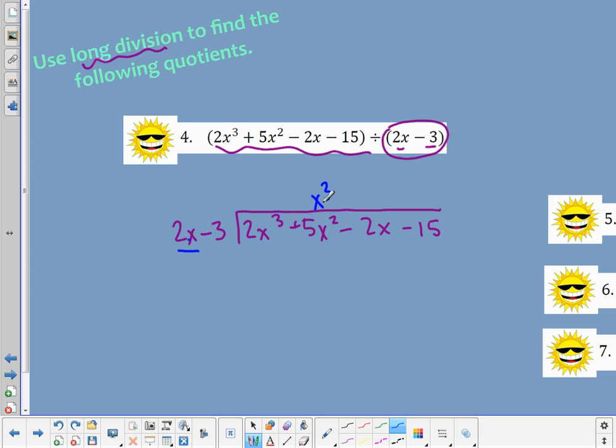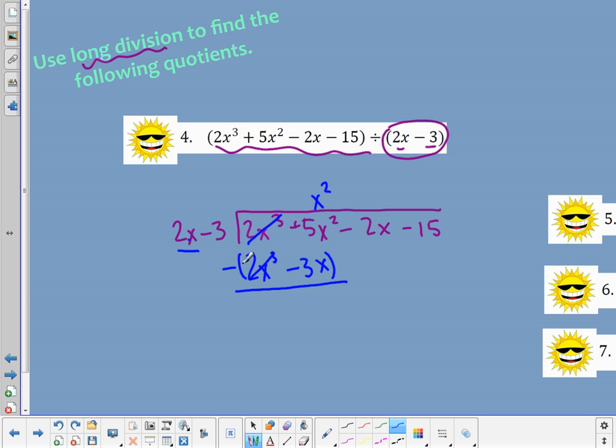So then I multiply. X squared times 2x gives me 2x to the third. But I can't just multiply by the first term, I have to multiply by the second term as well. X squared times negative 3 gives me negative 3x squared. I'm going to subtract the whole thing. I highly recommend you put parentheses around it so you remind yourself, because the first two terms are going to drop out, which is what we want.